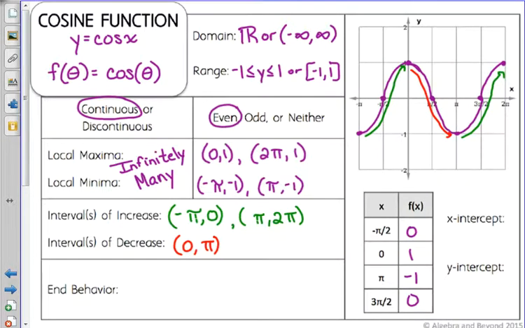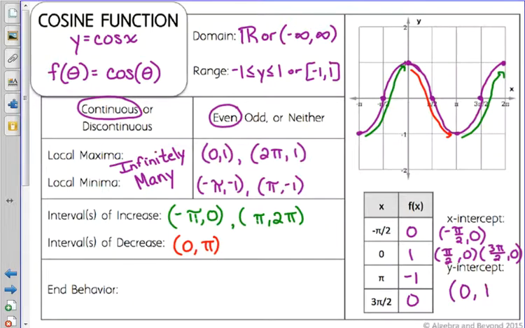X-intercepts, infinitely many again. I'm just going to list the ones that we can see. Negative pi over 2, 0. Positive pi over 2, 0. And 3 pi over 2, 0 are the ones that we can see. The y-intercept, only have one. If it's a function, you will always only have one y-intercept.